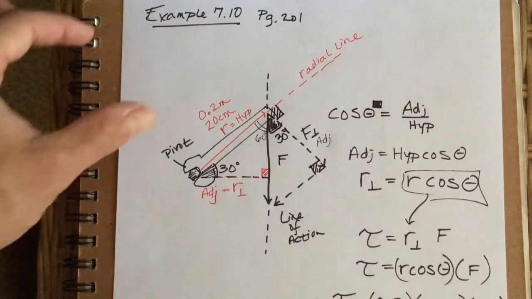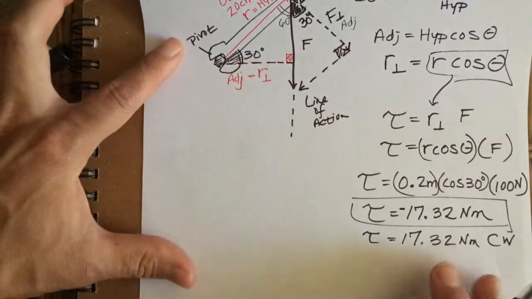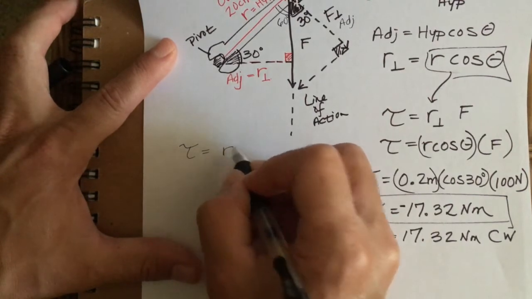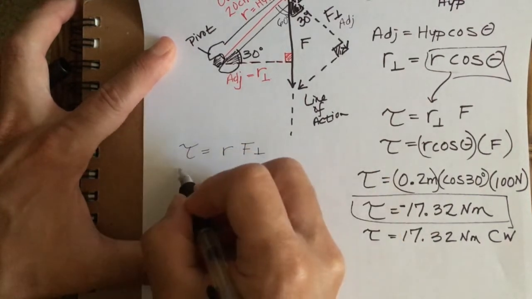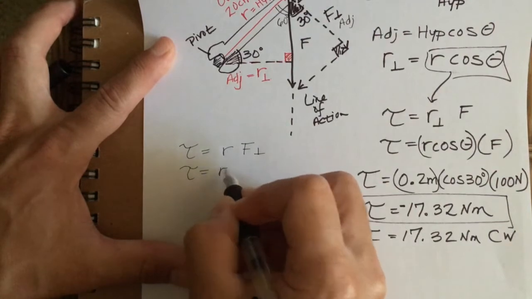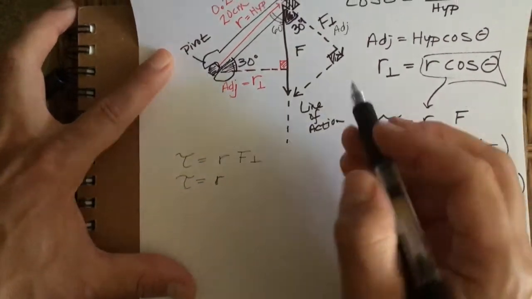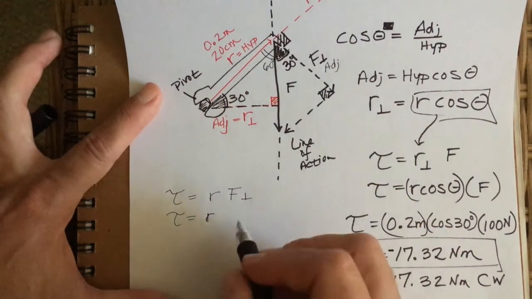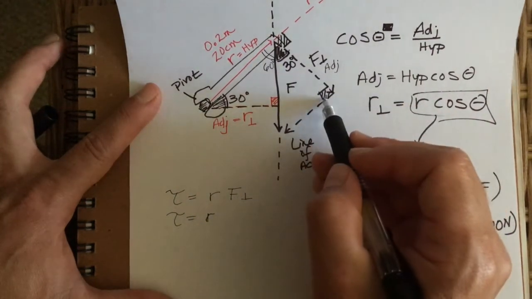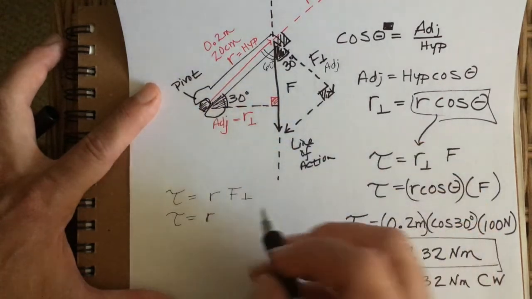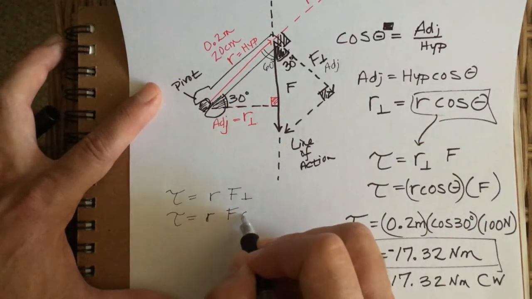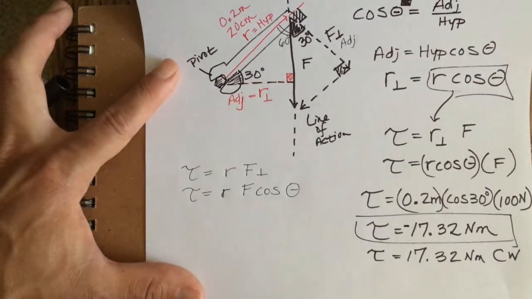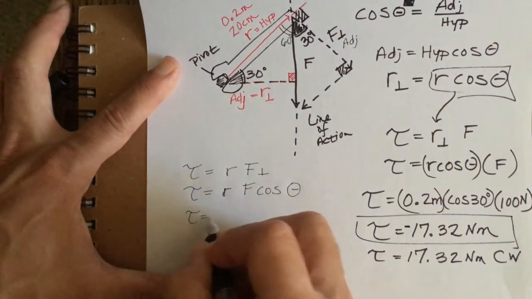My battery's running low on my phone, so I'm going to try and get this in. Torque is equal to r times f-perp. Since f-perp is adjacent, the adjacent is equal to the hip times cosine theta, right? Well, what's the hip here? Here's 90. Across from 90 is f, so it's equal to F cosine of theta. And so we can go ahead and plug in our values then.